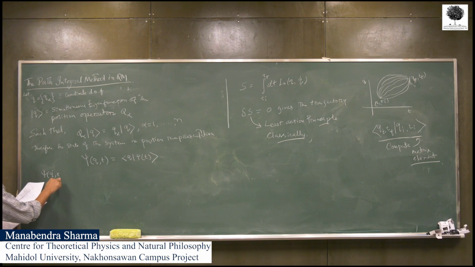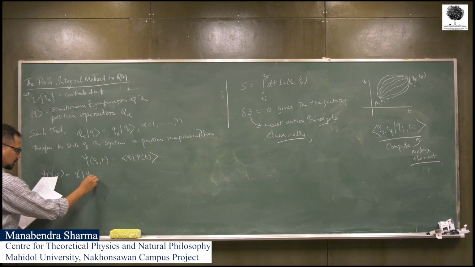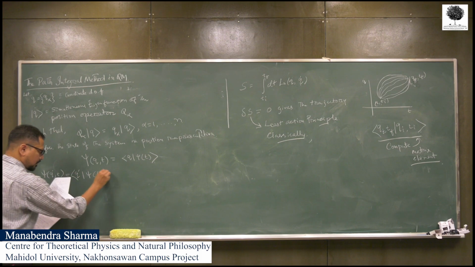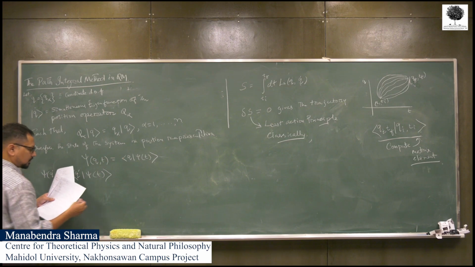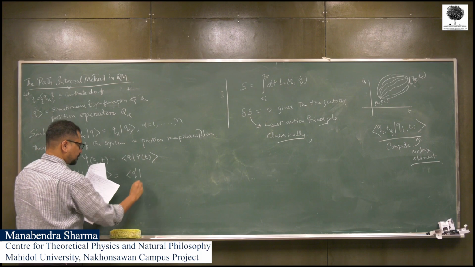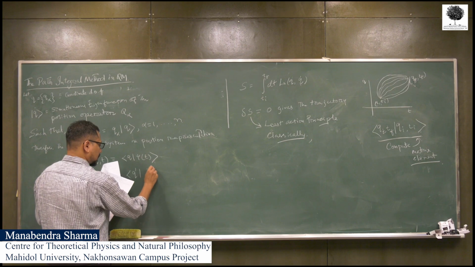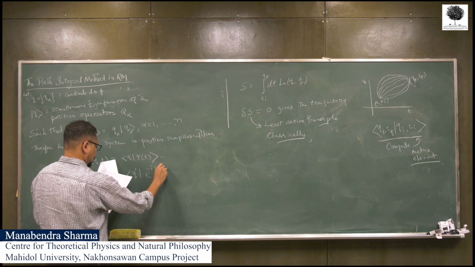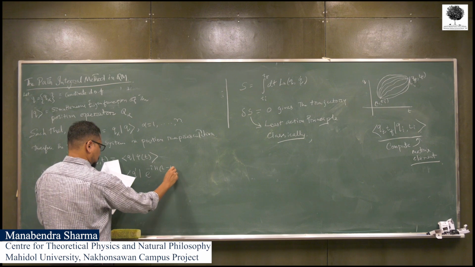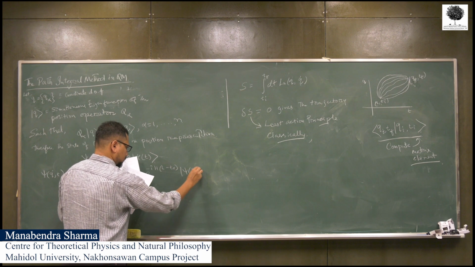Psi at q prime at some time t will be bra q prime with ket psi t. I'm just using this definition, which will be equal to bra q prime, e to the power minus i H (t minus t naught), ket psi t naught.